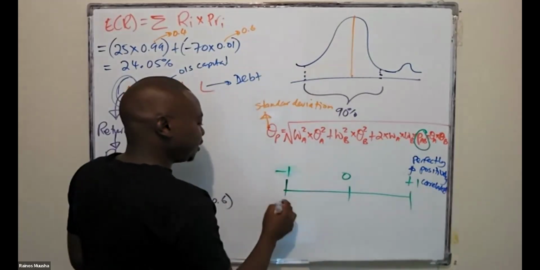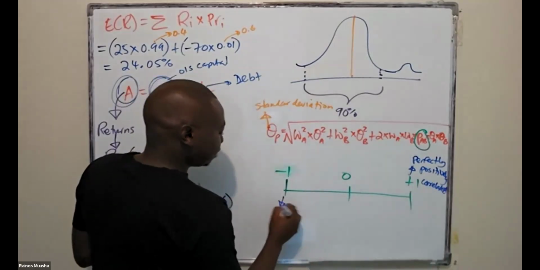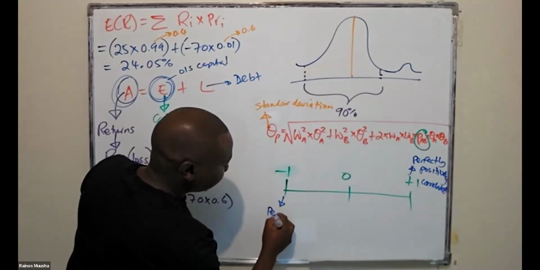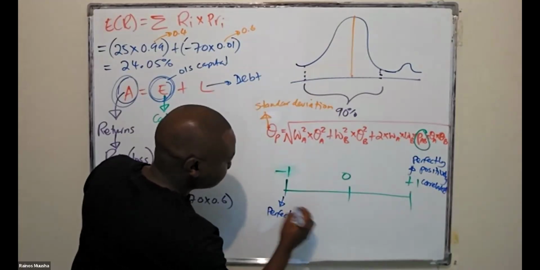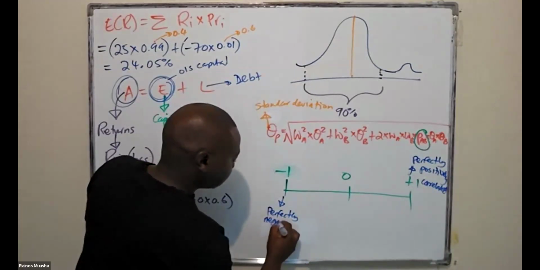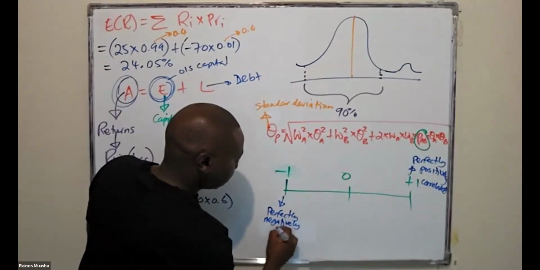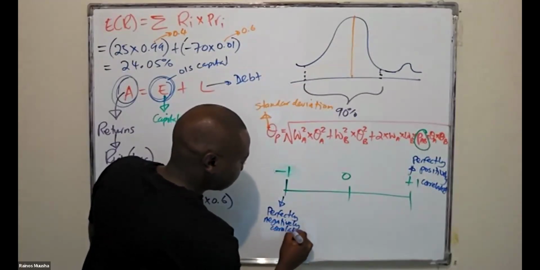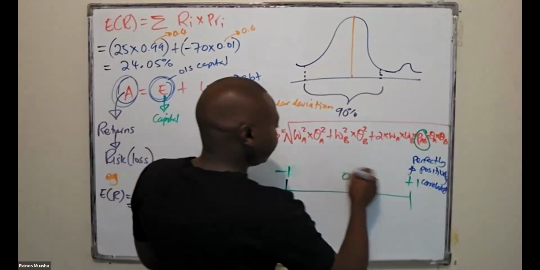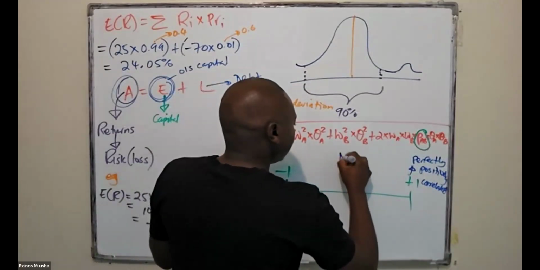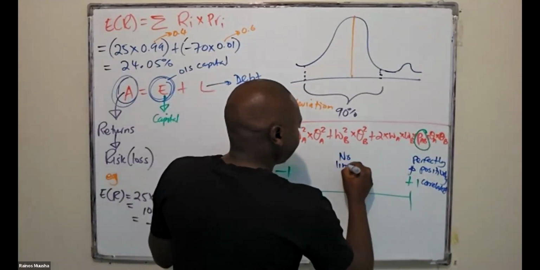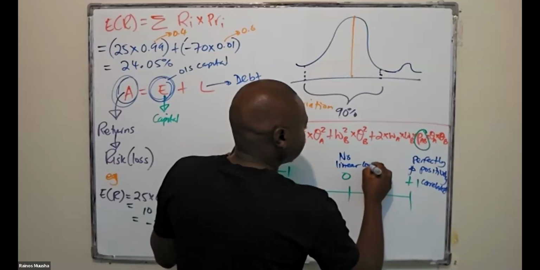And when the correlation coefficient is at -1, we say they are perfectly negatively correlated. And when the correlation coefficient is 0, we say there is no linear correlation.